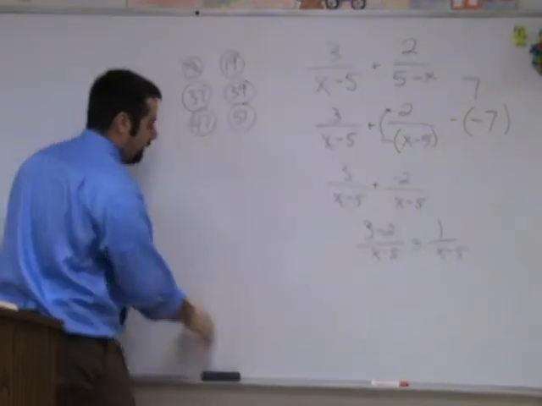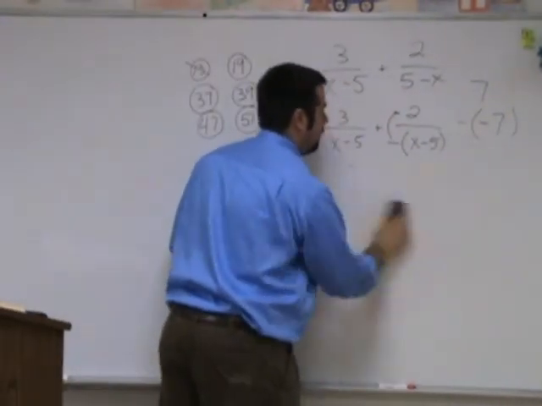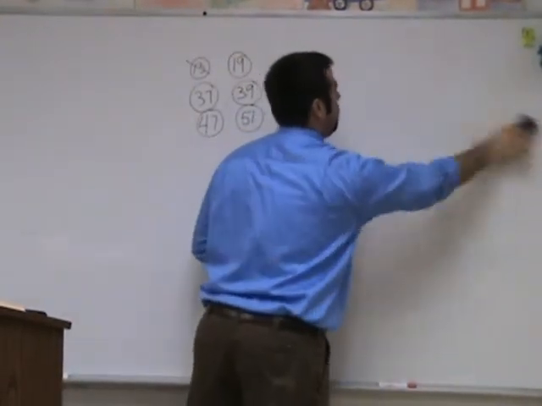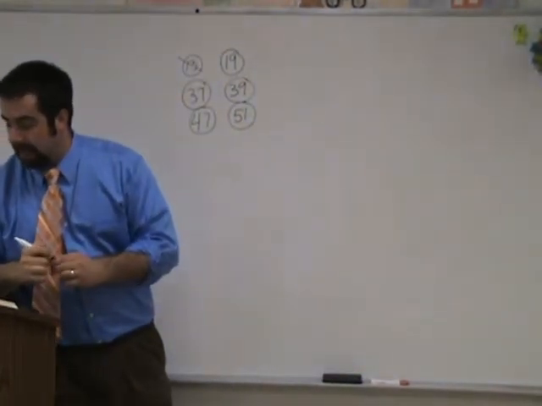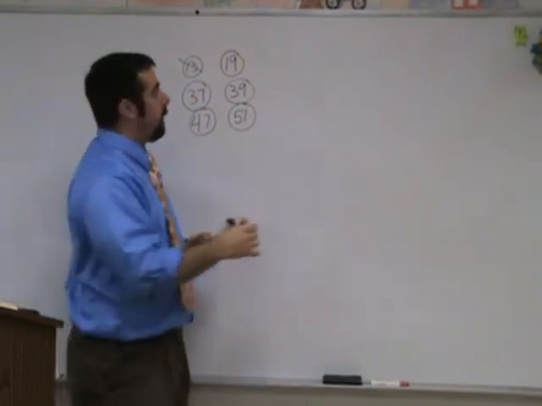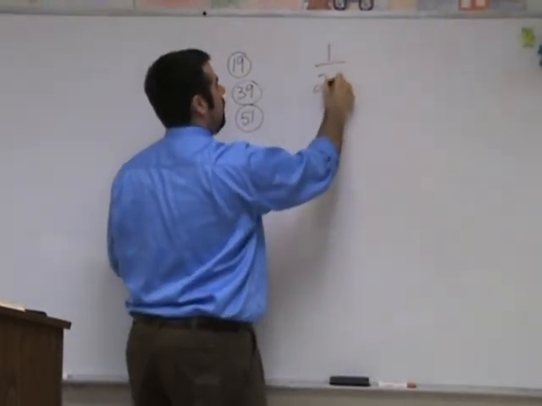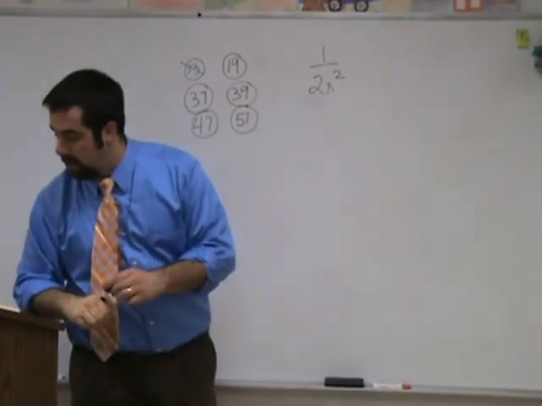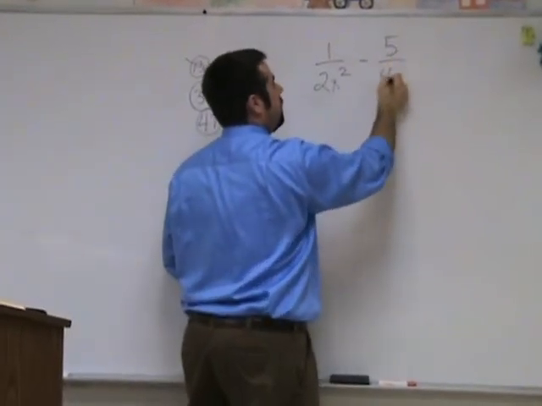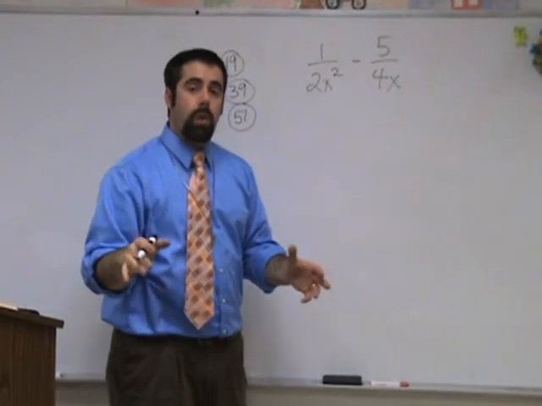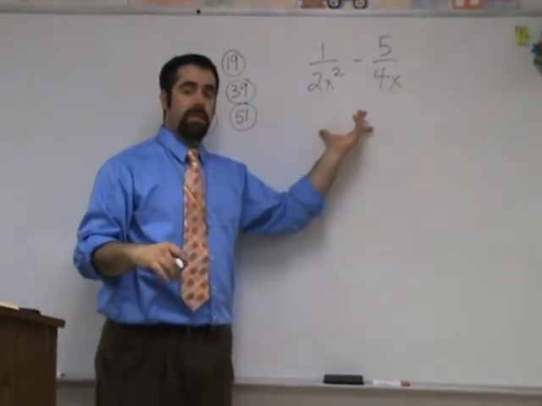All right, so that's 13. Let's look at 19. Number 19: 1 over 2x squared minus 5 over 4x. So here we're actually required to do a little bit more work in terms of finding the factors.